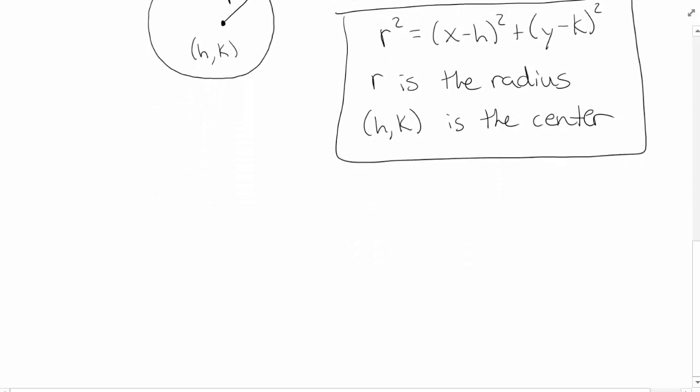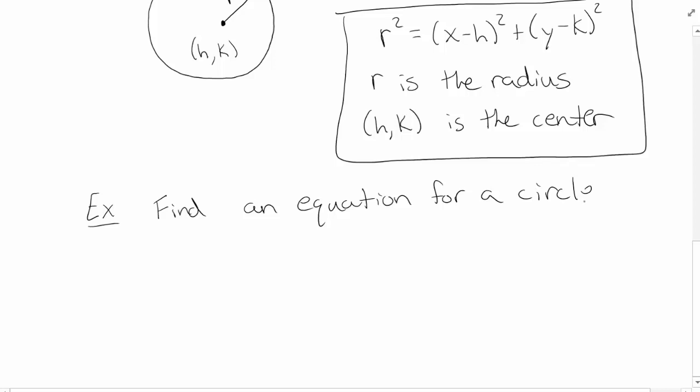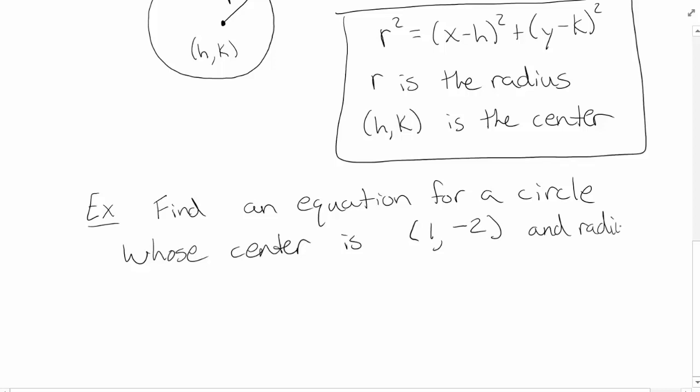So for example, find an equation for a circle whose center is, let's go with, how about 1 comma negative 2, and let's say it has radius 4.